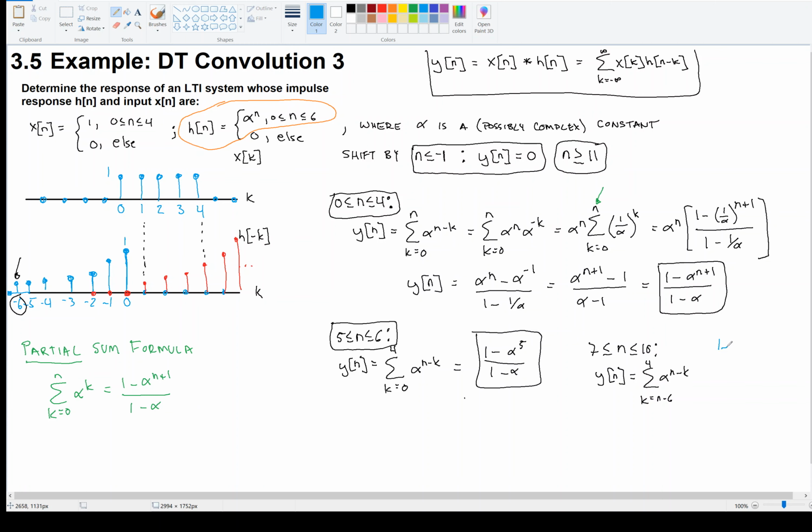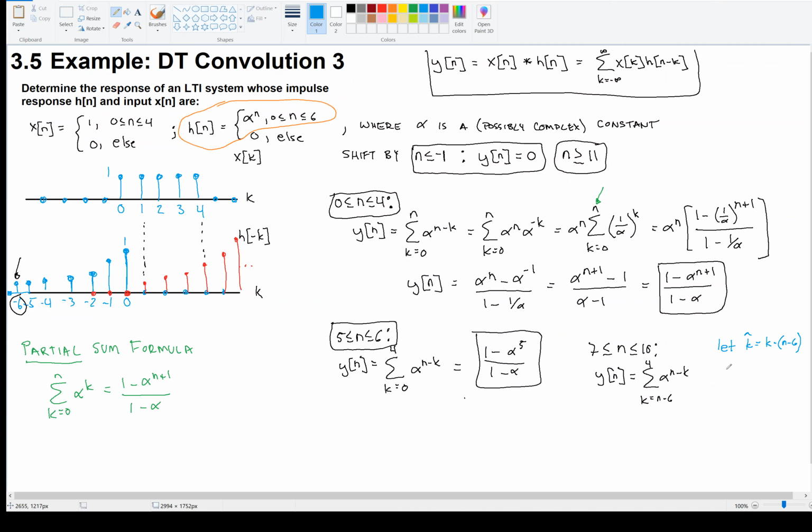I'm going to let, how about, k hat, just some different variable, equal, what do I need to make it a 0 here? k minus n minus 6. So when k is n minus 6, k hat is 0.